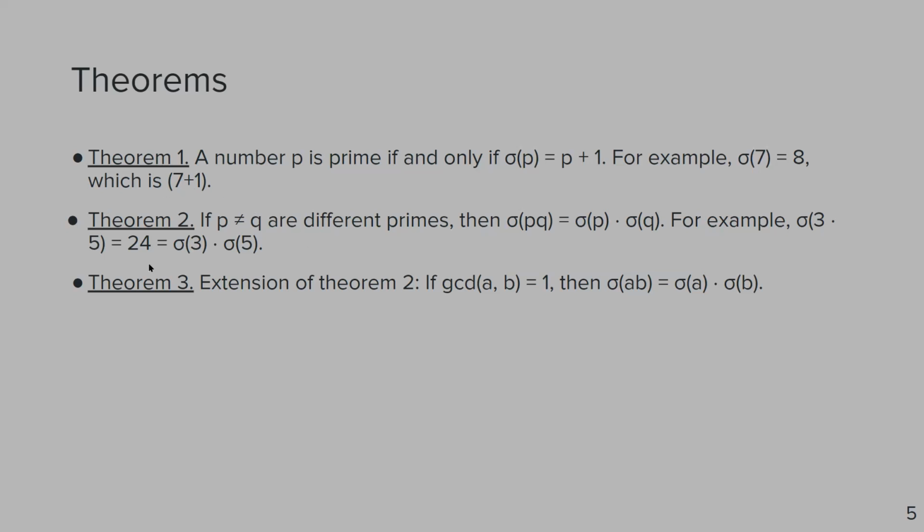Theorem 2 is, if p and q are different primes, then sigma of pq is sigma of p times sigma of q. For example, sigma of 3 times 5 is equal to 24, which is sigma of 3 times sigma of 5. And Theorem 3 is the extension of Theorem 2. So if GCD of A and B is 1, sigma of AB is sigma of A times sigma of B.